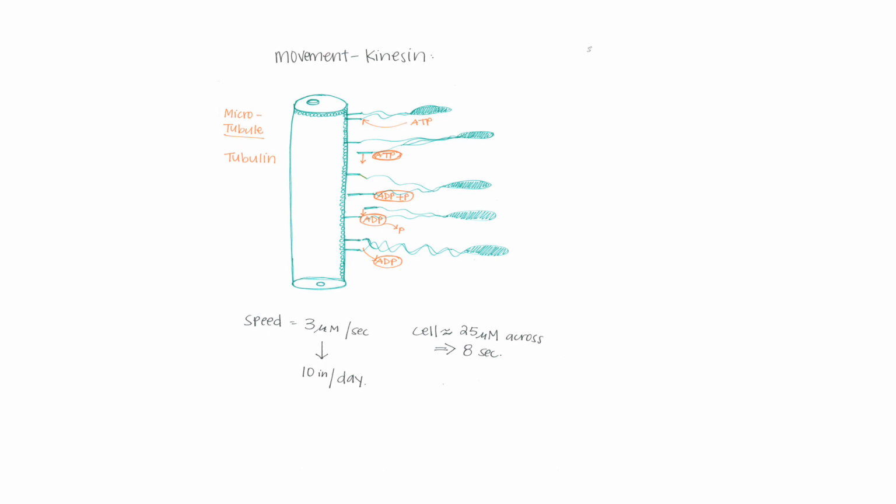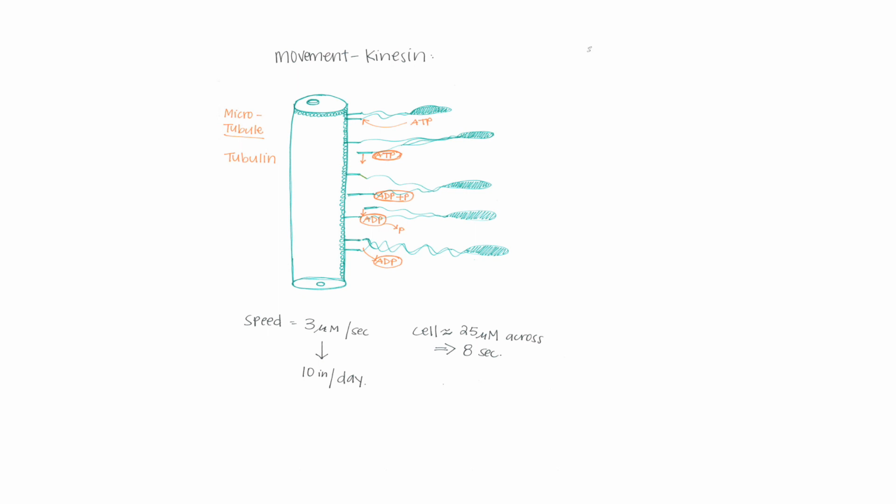And then the release of the ADP causes the upper leg to bind back down to the microtubule. So it took a step. So these things take steps and they move down microtubules. They carry cargo. And people have done work to study these things and to measure the speed.